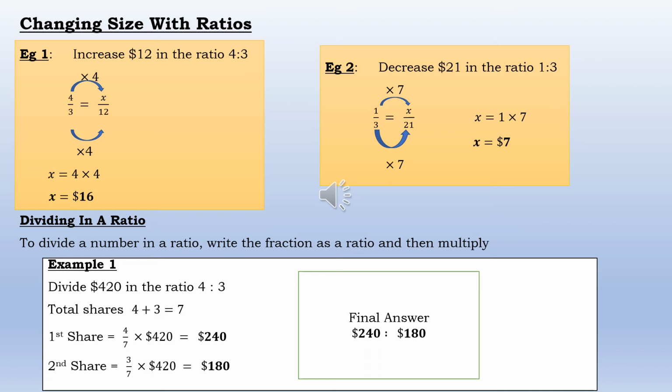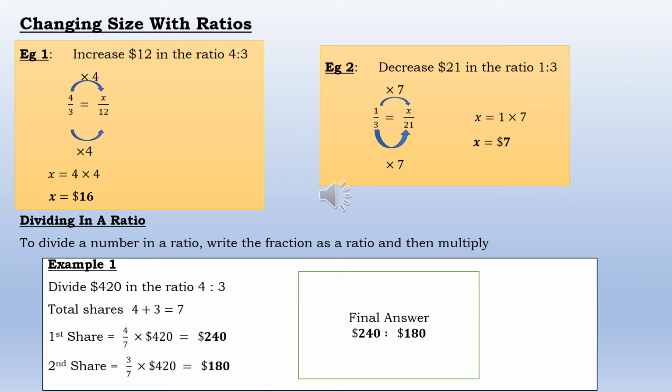Now moving on to example 2, decrease $21 in the ratio 1:3. For this particular example, we have $21 and the decreased amount will be less than 21. So let's write it down as a fraction. 1:3 will be written as 1/3, and that is equal to, now we have to decide where to place x.